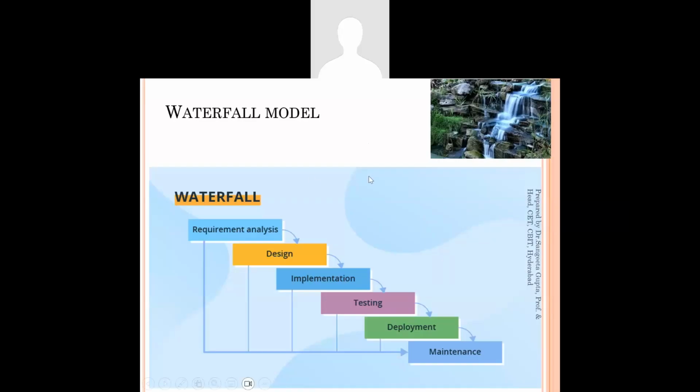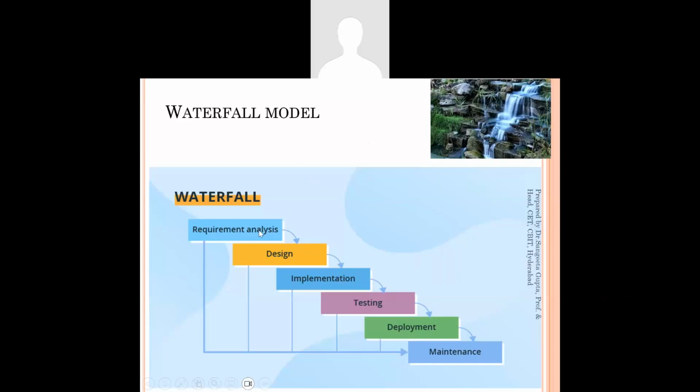As the name itself indicates, this model is just like a waterfall which moves in a forward direction from one phase or one activity to the other, putting all the framework activities one after the other, starting from requirements analysis to design, then implementation, testing, deployment, and finally maintenance.